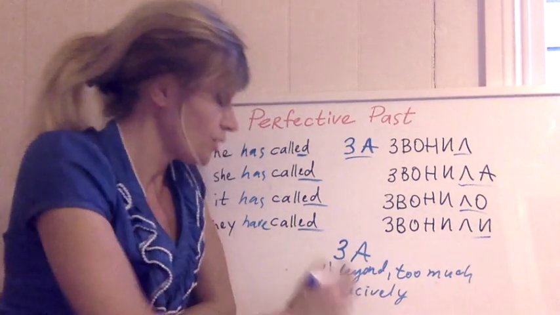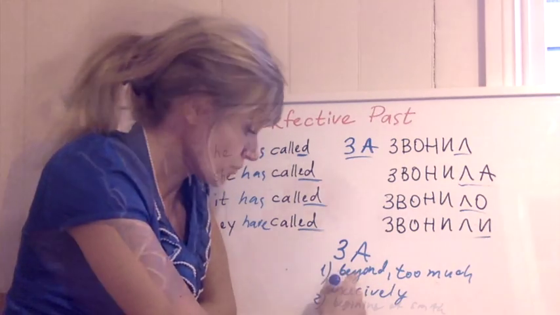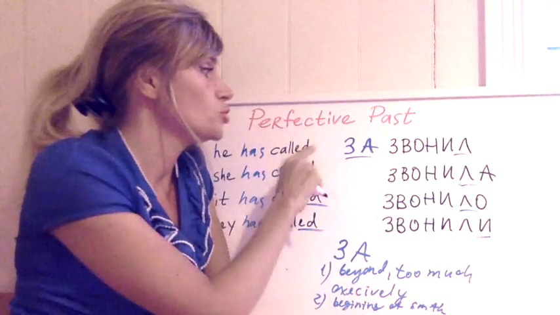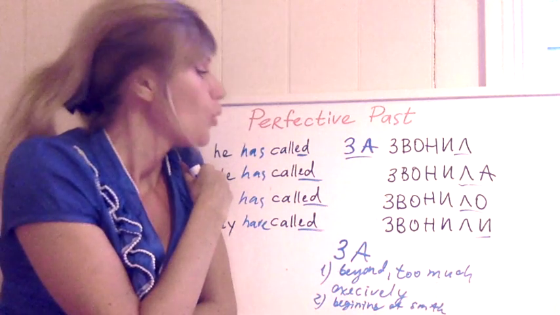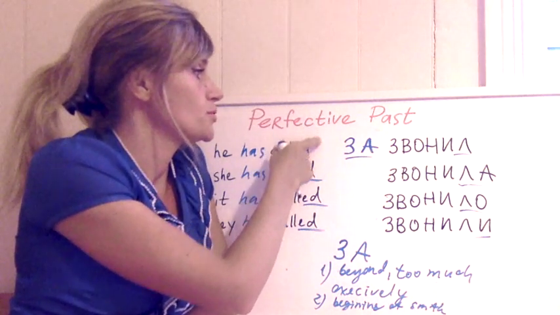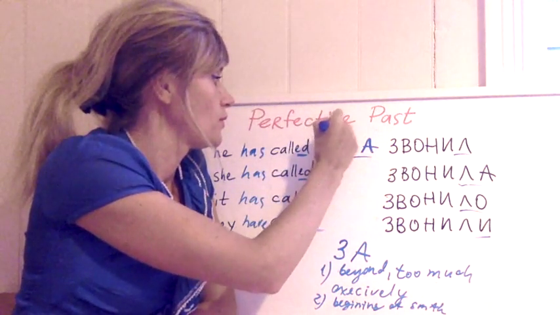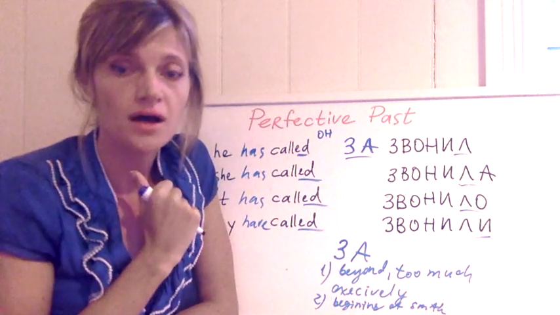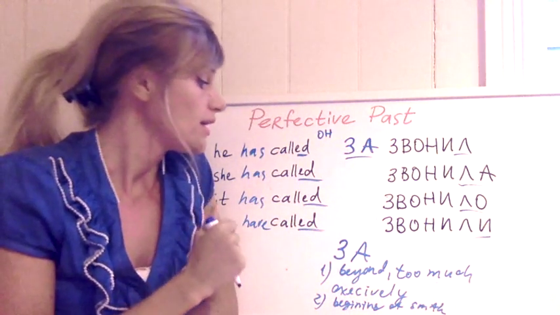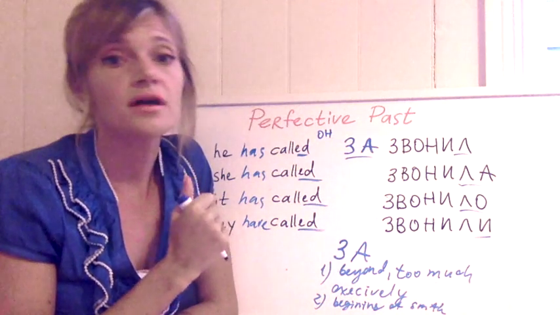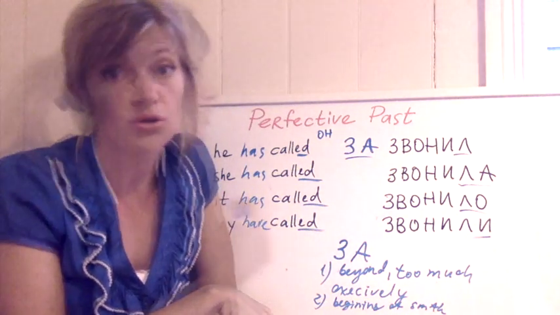And also it can be the beginning of something. So let's say телефон зазвонил. The telephone started to ring. Or let's say if it's a person, он меня зазвонил. He called me like 1,000 times. All he did was call me.